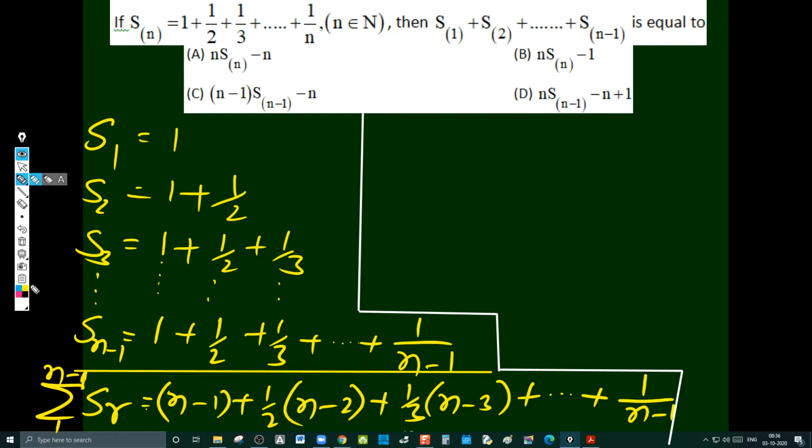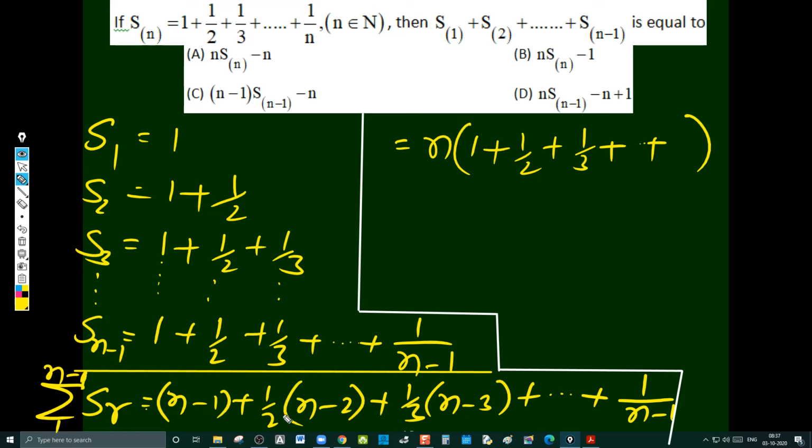So you can take n common there, and obviously you will get n into 1 plus 1 by 2 plus 1 by 3 plus and so on plus. n common. बाकी सब तो कट जाता है, क्योंकि अगर हम लोग लास्ट से लिखेंगे तो n minus n minus 1, n minus n minus 2 वैसे आता है. Minus 1 minus 1 minus 1.